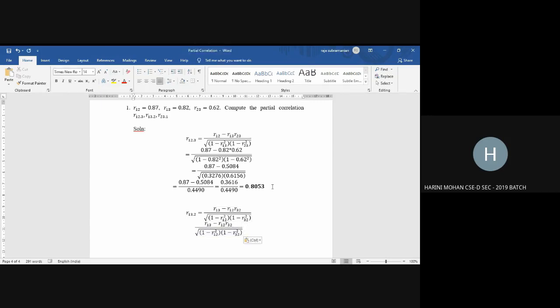It should be equal. Instead of R13, 0.82. R12 is 0.87, and R32 is R23, that is 0.62, this 0.62 whole squared. If anybody else has completed, confirm whether it is 0.7 or 0.9. 0.7254, sir.